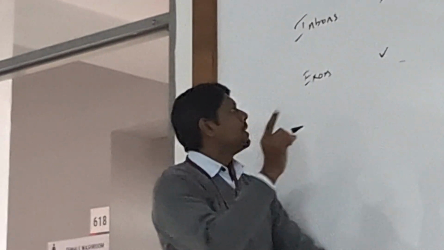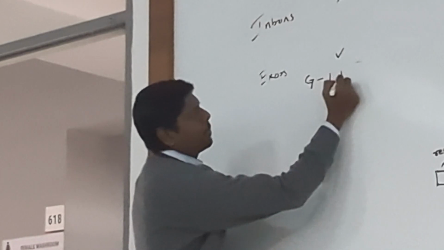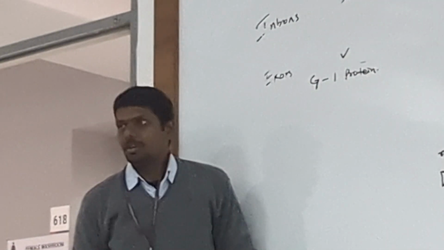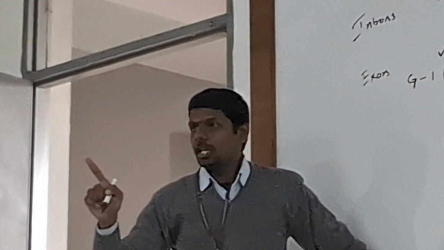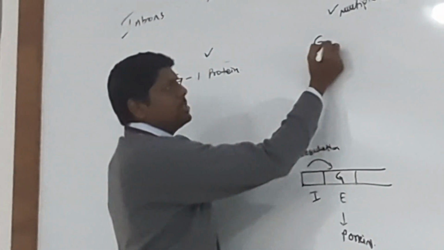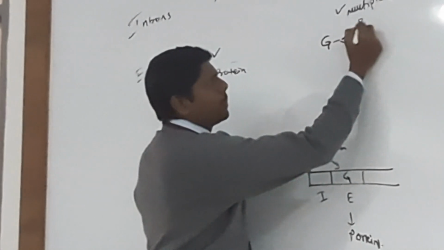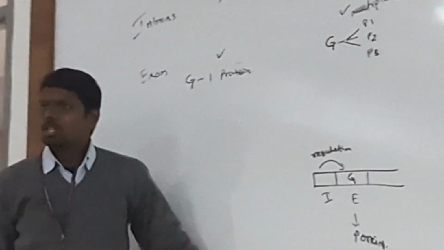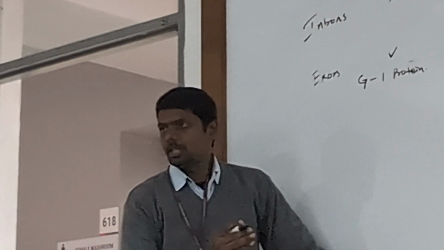In prokaryotes, one gene will code only one protein. But in eukaryotes, the same gene can produce multiple proteins: protein 1, protein 2 and protein 3. This is one interesting phenomenon in eukaryotic genes.